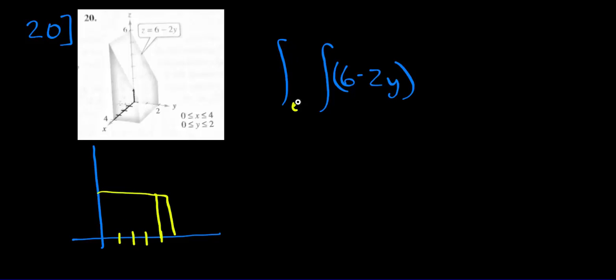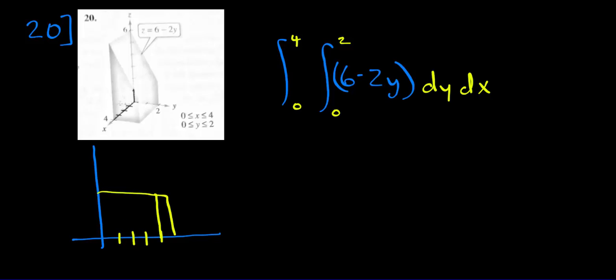I did get it backwards. X is going to go from 0 to 4, and y is going to go from 0 to 2. See, there's none of this y goes from 0 to 4 minus x or any of that because you've just got a nice rectangular base. So this is dy dx.